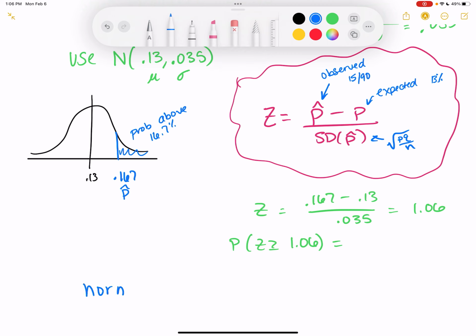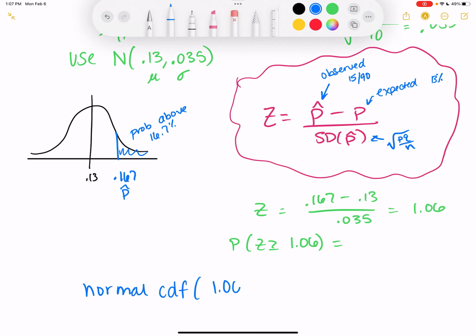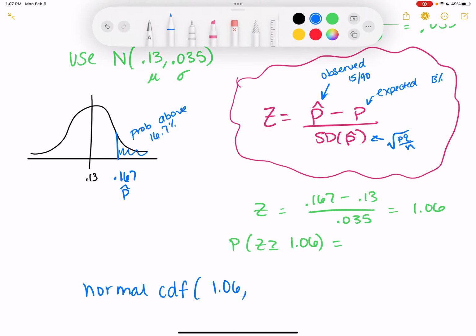Normal CDF, I'm going to do it for our actual scenario. We use this value that we found, 1.06, then you can go up to whatever. You can say 1E99 if you want, or you can do something smaller because there's a point where it'll never actually reach it. Then 0 and 1 because we're using the normal model. Let me check and make sure that's right. Normal CDF.